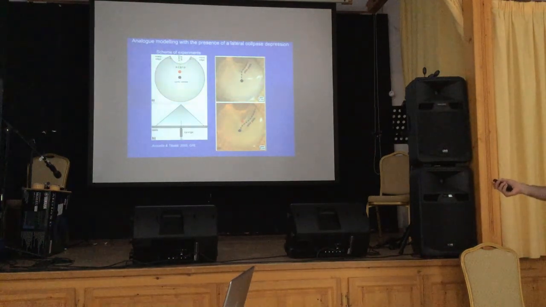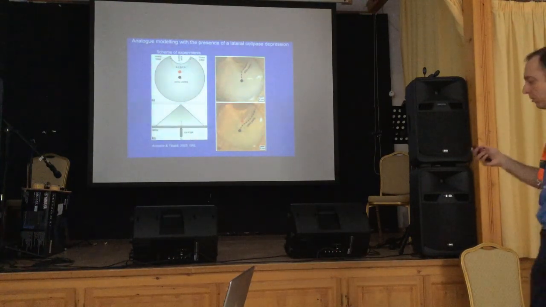And then we introduced an analog of magma in the interior of the volcano in two different points. This represents the conduit and this represents another conduit. You can see that a dike was produced, and these dikes go toward the lateral scar left by the collapse of the volcano. So just some experiments to show that there is this control.